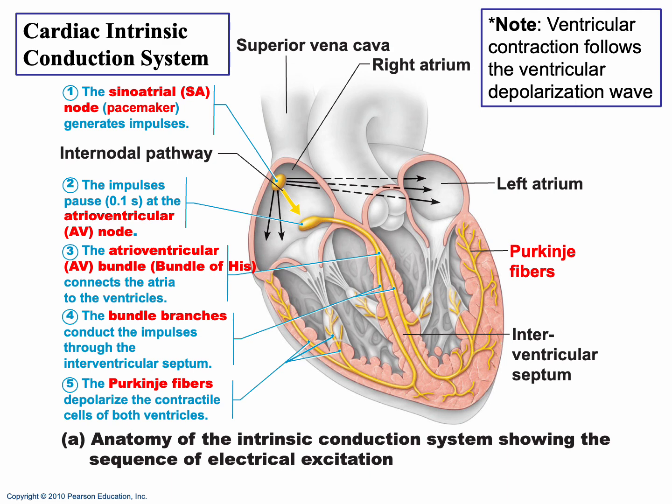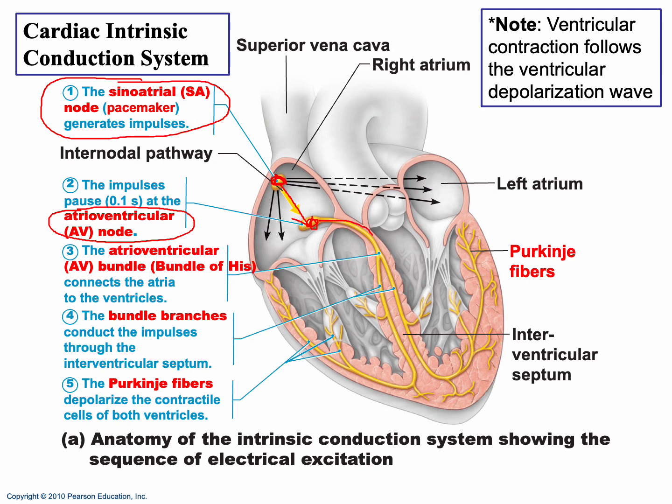This is just an overview again of the various parts of the intrinsic conduction system. So we'll go through this just one more time. This entire process starts with the pacemaker, the sinoatrial node, located again up in the right atrium. You then have electrical impulses transferring the signal to the atrioventricular node, which is right here.